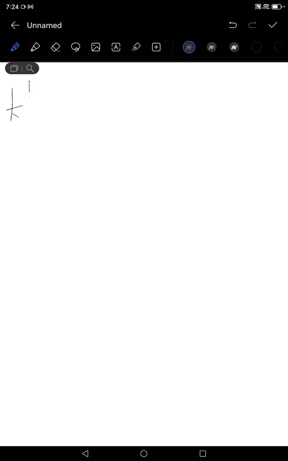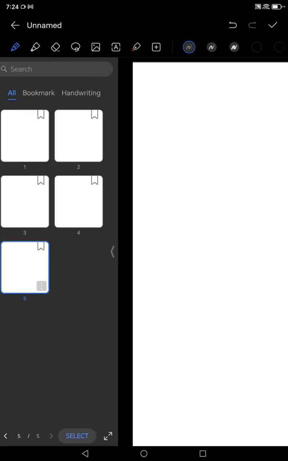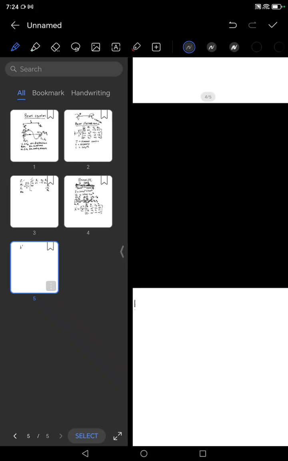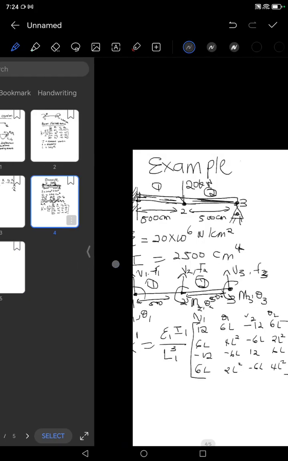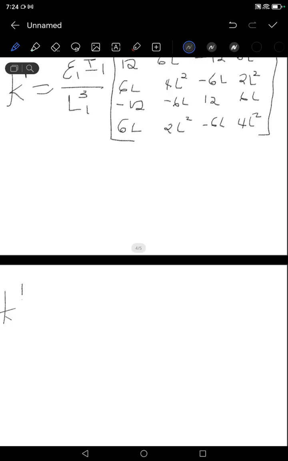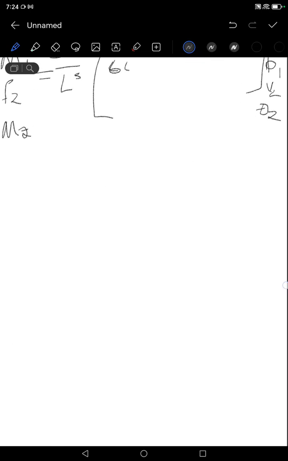Yes, sir. The value of the modulus, it's in kilometers squared, right? So do we have to convert everything to meters since that one is in kilometers squared? Oh, sorry, let me go back.